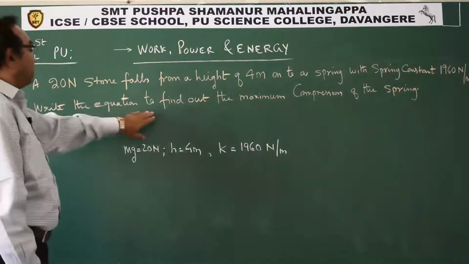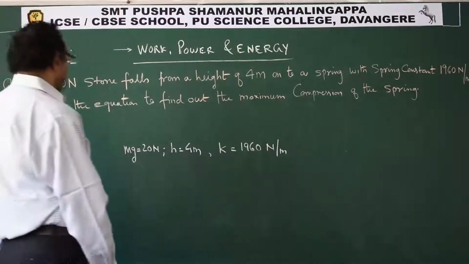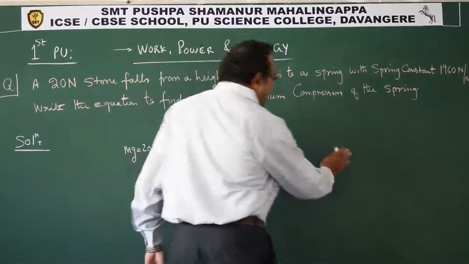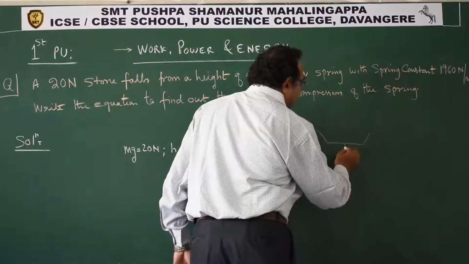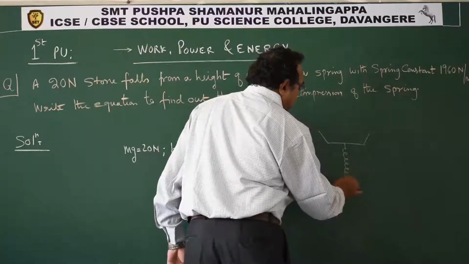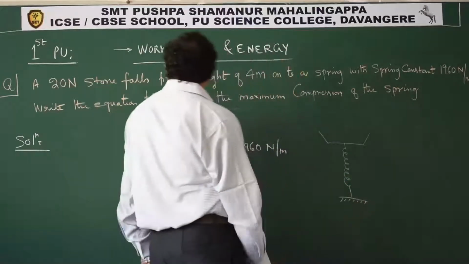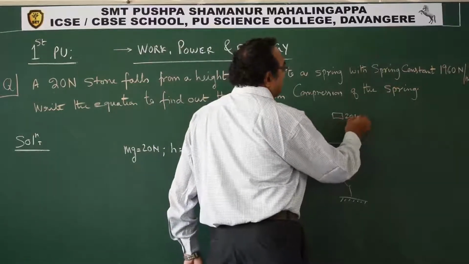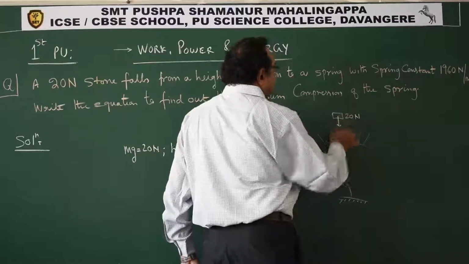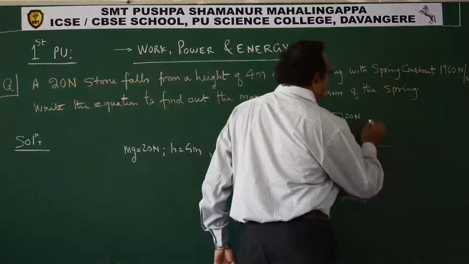Write the equation to find out the maximum compression of the spring. See, if you try to see this diagrammatically, it would be something like this. See, a spring is there and it is like this. So a stone, let us say this is a 20 Newton stone, falls from a height. So this is the height.